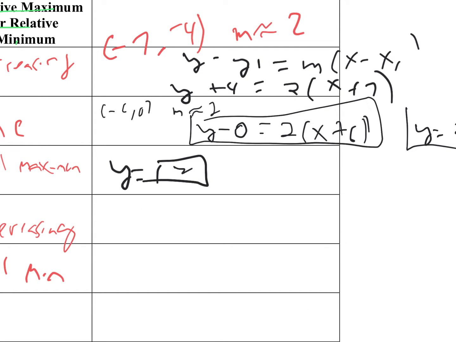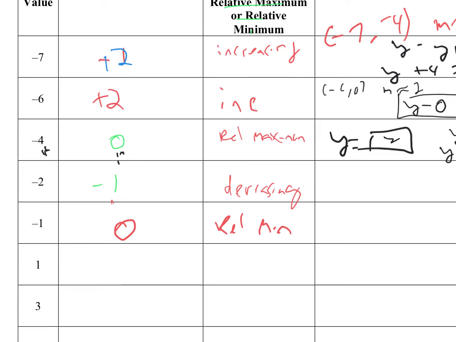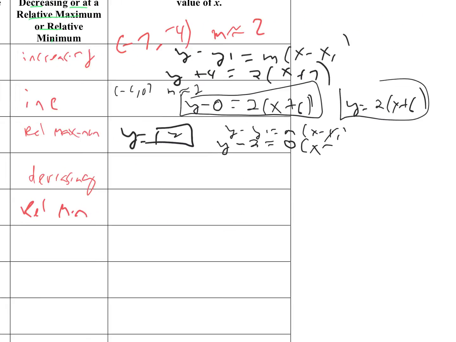I mean, you want to use the point slope form? If you want to see what happens, in case you forget what I just said, look what it looks like. Y minus the 2 equals to the 0 times x minus -4, x plus 4.